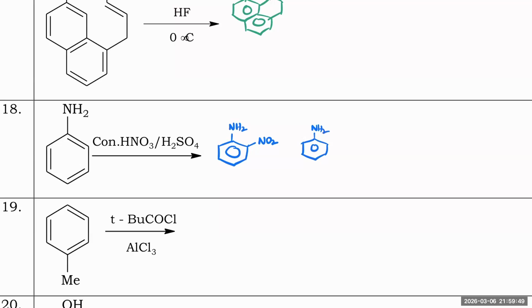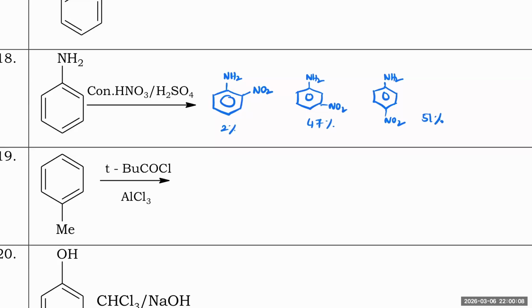NH2 with NO2 here and NH2 with NO2 here. This will be only 2%, this will be around 47%, and this will be around 51%. Para will be the highest. And significant meta will come because you are pushing this in acidic medium. In acidic medium, nitrogen will take H plus and becomes a withdrawing group. That's why it will facilitate the meta position.